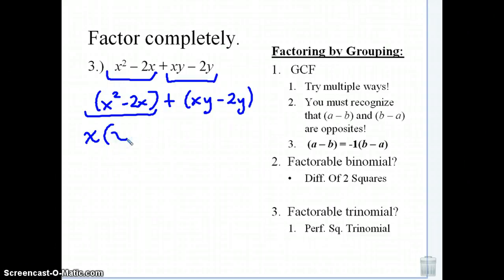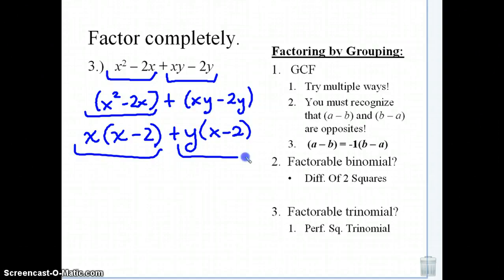So I'm left with x times the quantity x minus 2, plus, Dylan, GCF on the second one. This one. Sweet. And you pull out the y and you're left with? Nice job. Now, when you look at this, does this help us? Huge help. Megan, what is the GCF between those 2? X minus 2. And when I pull out the x minus 2, what am I left with, John? X plus y.